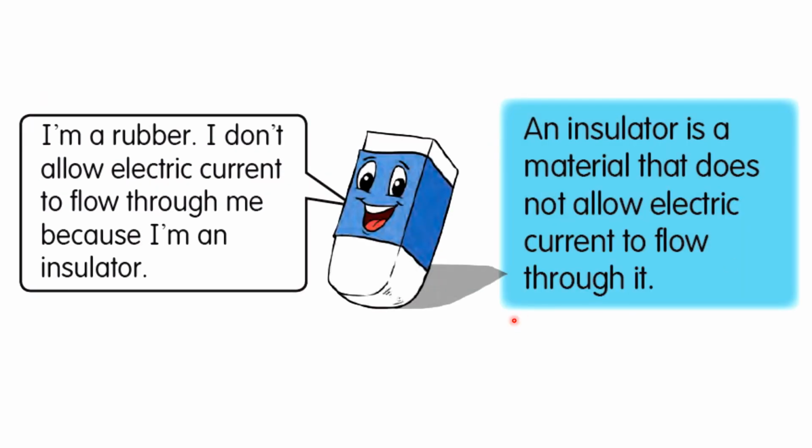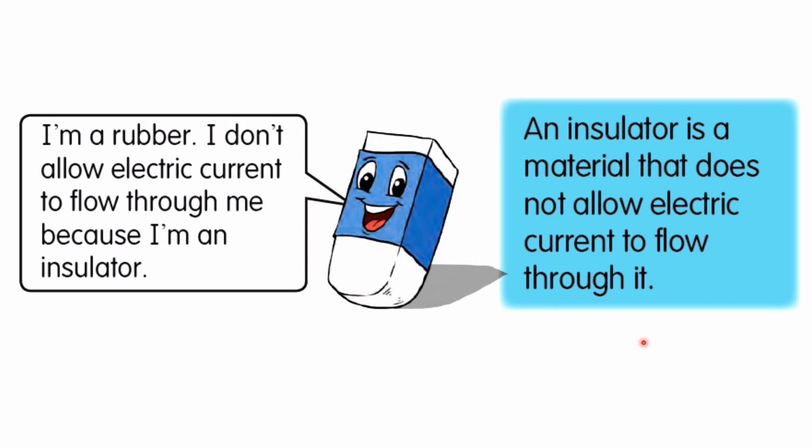And then look at this rubber. I am a rubber. I don't allow electric current to flow through me because I am an insulator. So what is the meaning of insulator? An insulator is a material that does not allow electric current to flow through it. So that's the difference between conductor and insulator.